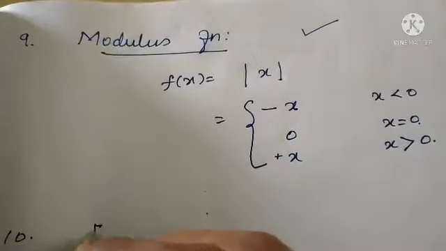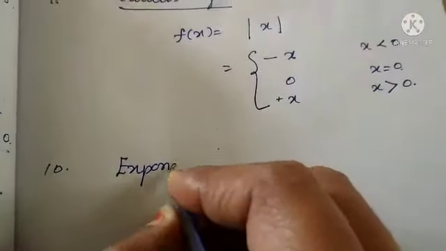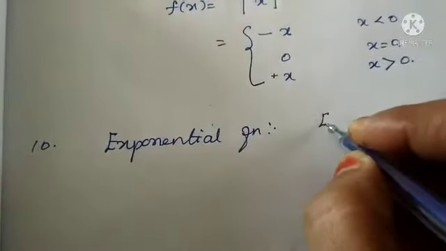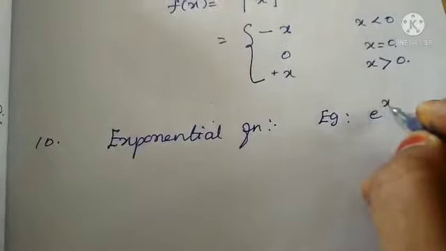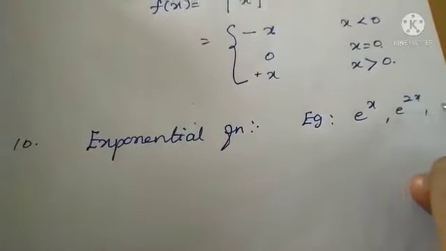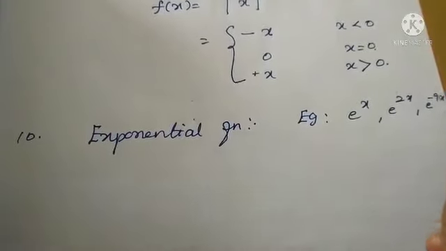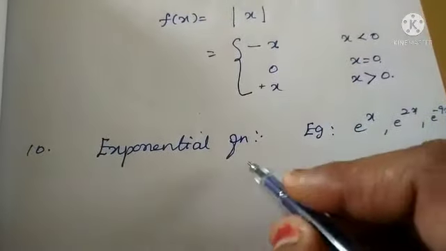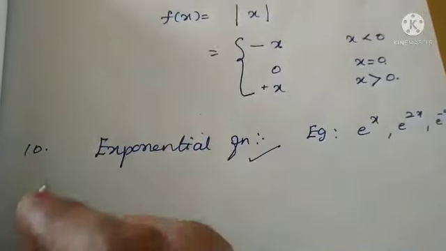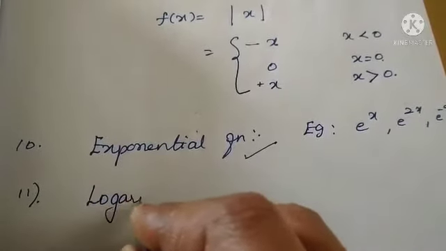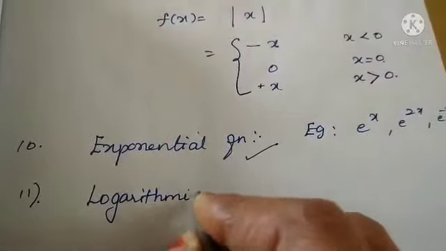Next example, exponential function. For example, e power x, e power 2x, e power minus 9x, in whatever way, every exponential function is continuous at all points of the real numbers. Next example is the logarithmic function.